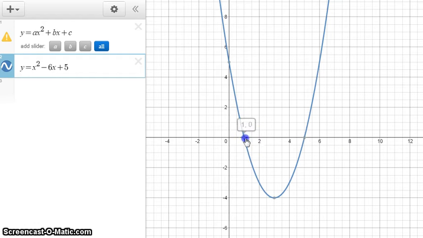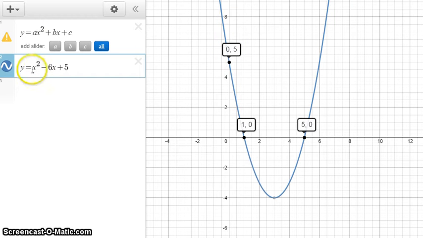Now, if I have my two x-intercepts here, then I should also have a y-intercept, where my line cuts the y-axis. In this case, it is (0, 5). Since the y-intercept is where my graph cuts the y-axis, it makes sense that the x-coordinate is 0.